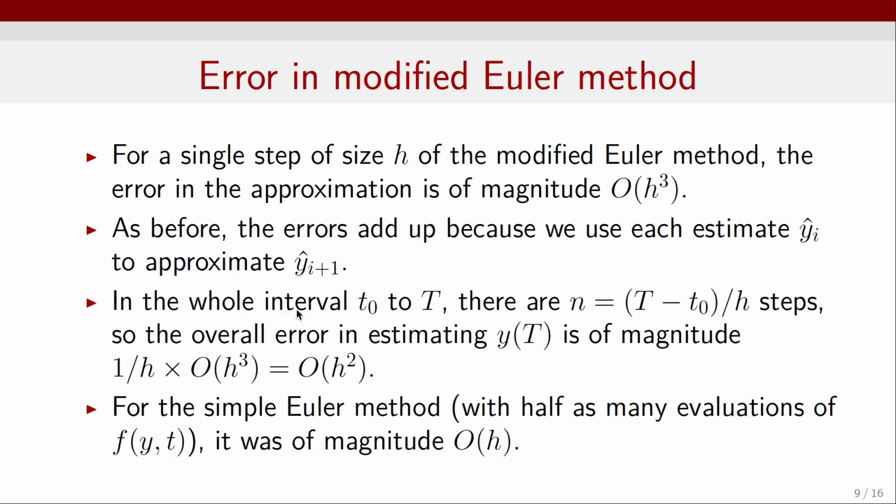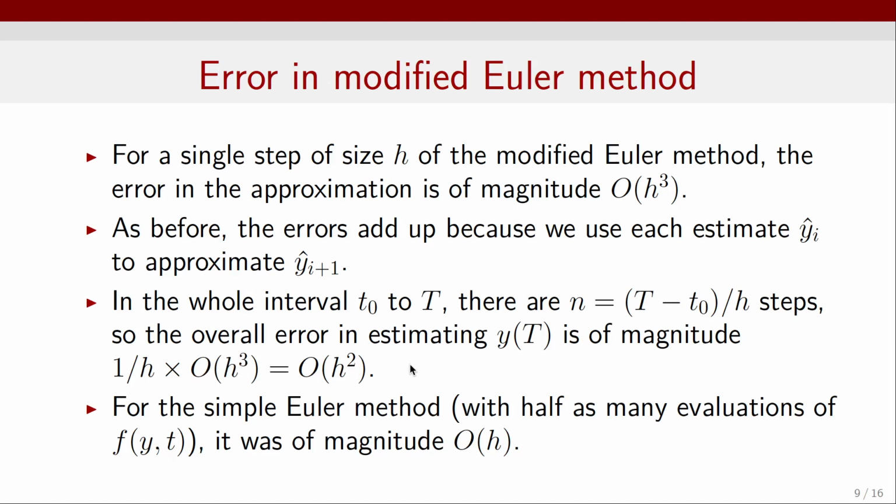So if we integrate over a large interval and split that interval into many time steps that are equal to h, then we pick up an error of order 1 over h. So that's the order of the number of steps. So we have the number of steps times h to the third. So that's h to the third divided by h. So overall, it's h squared.